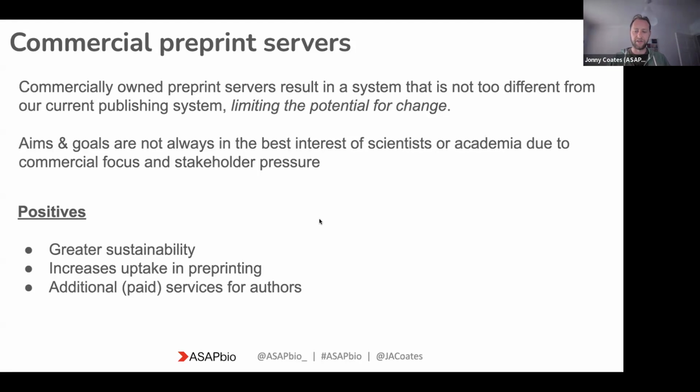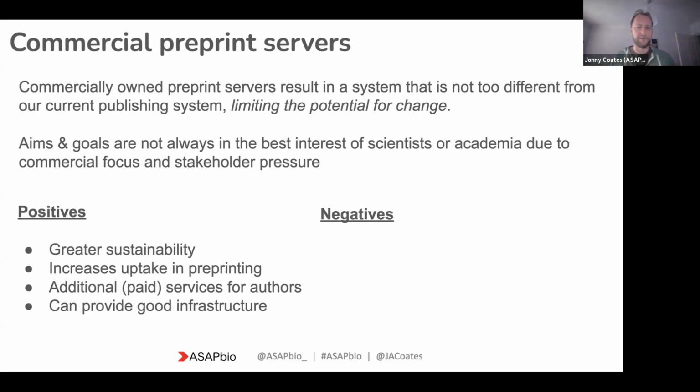Well, that happens with a lot of servers just because of third parties who also do that. But they can also provide a really good infrastructure. And so you sometimes see commercial entities providing the infrastructure for a preprint server, which is run by maybe a funding body, which is an example I'll come on to.